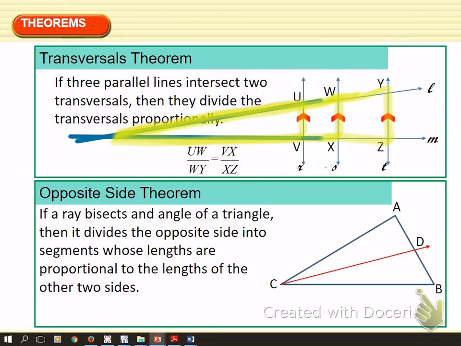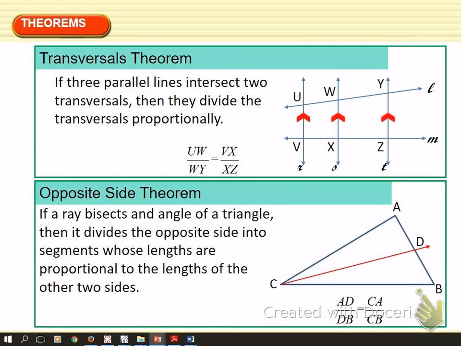And those 3 triangles are going to be similar also. And so you can start to piece together those sides as well. Are you using whole sides of a triangle, or are you just using these pieces that have been created by the parallel lines? That's what you have to decide. As long as your 2 ratios follow the same pattern, you're going to be in good shape.